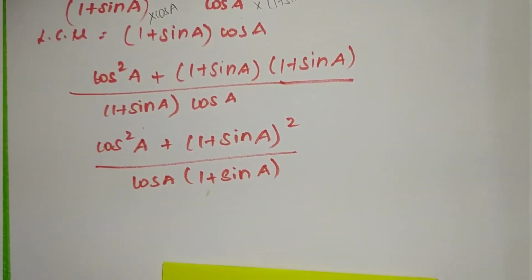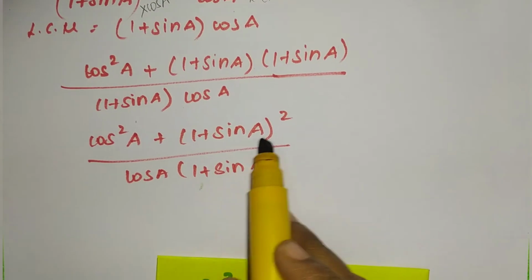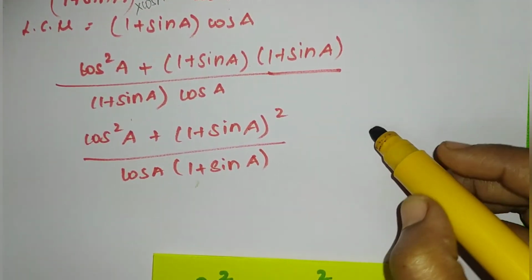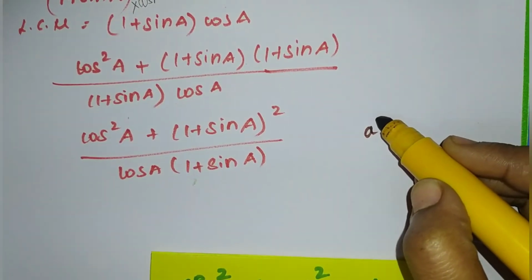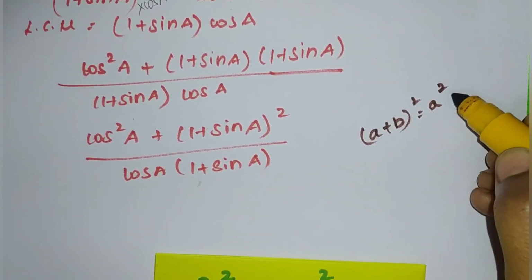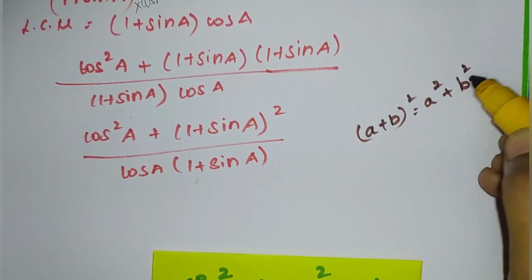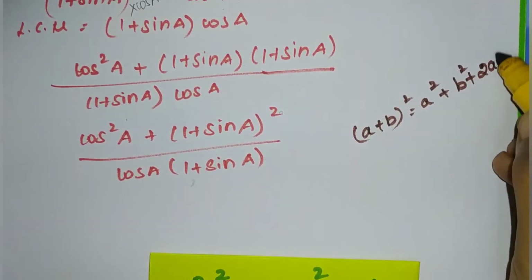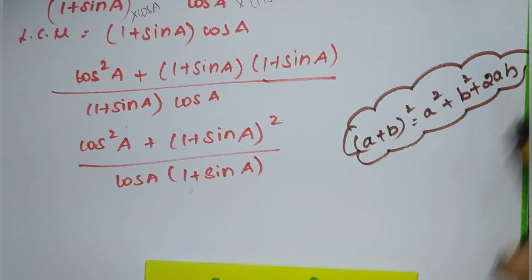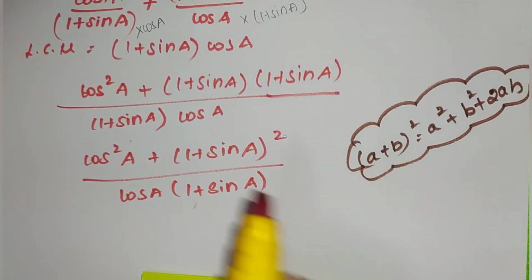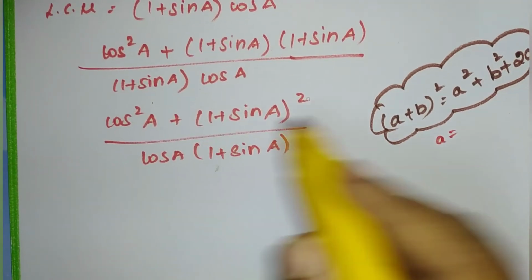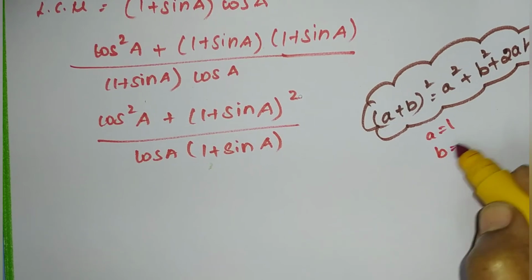So now I am going to apply the algebraic identity, A plus B the whole square, that is A square plus B square plus 2AB. This identity I am going to apply. What is the value of A here? That is 1. What is the value of B?